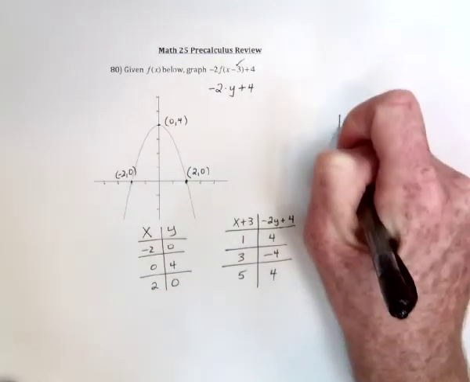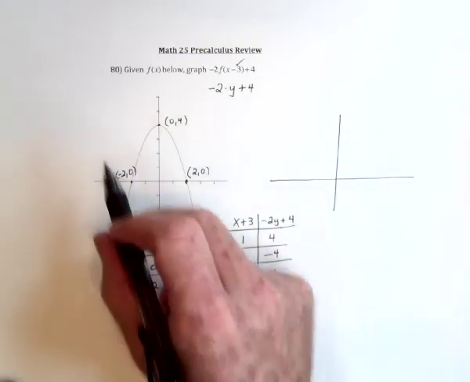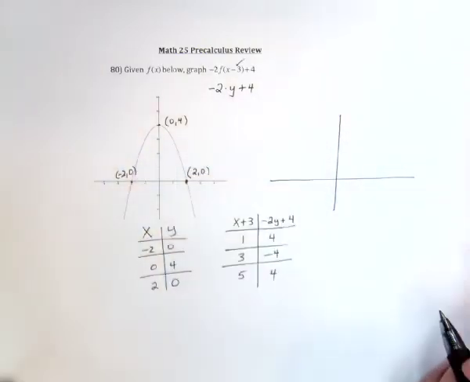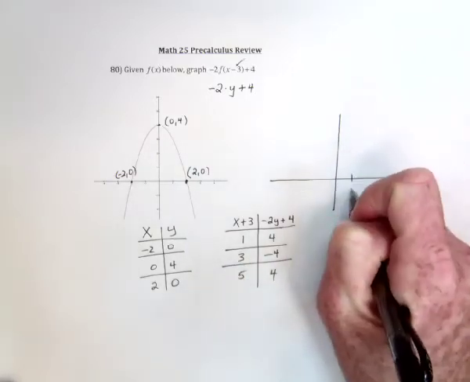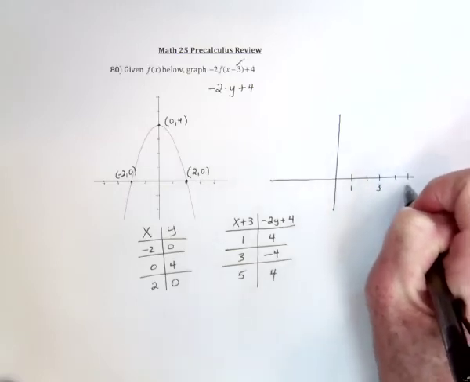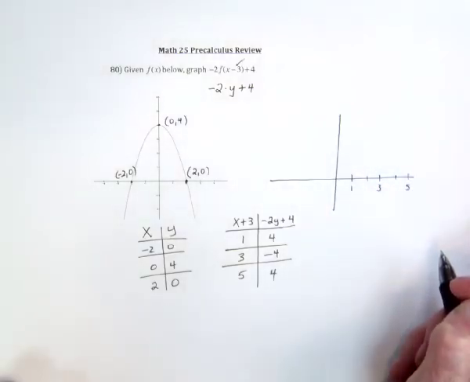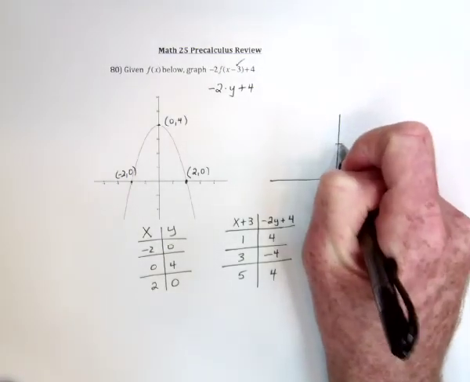And then all we have to do is graph these points and then make a parabola that opens up instead of opens down. So the x values are 1, 3, and 5. So 1, 2, 3, 4, 5. And the y values are simply 4 and negative 4.